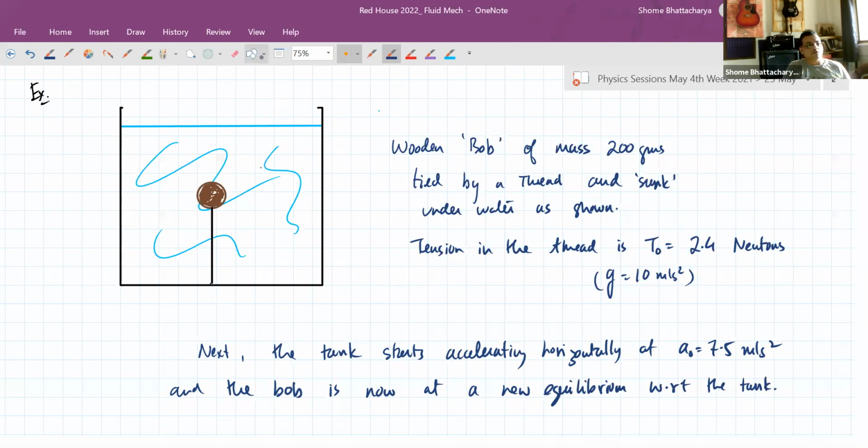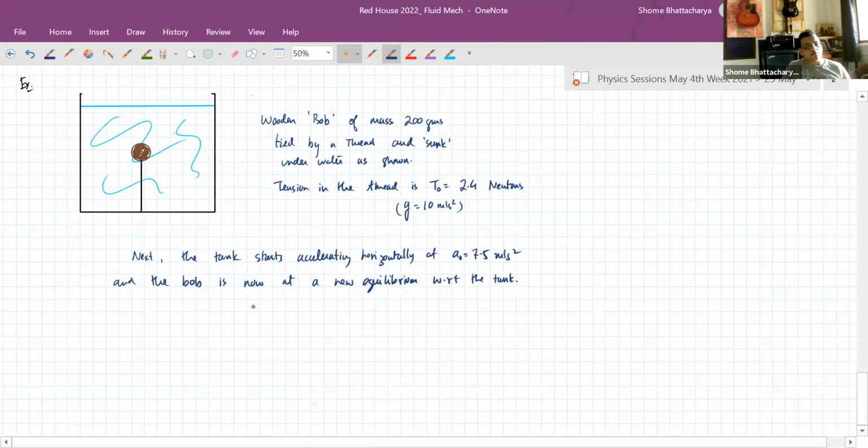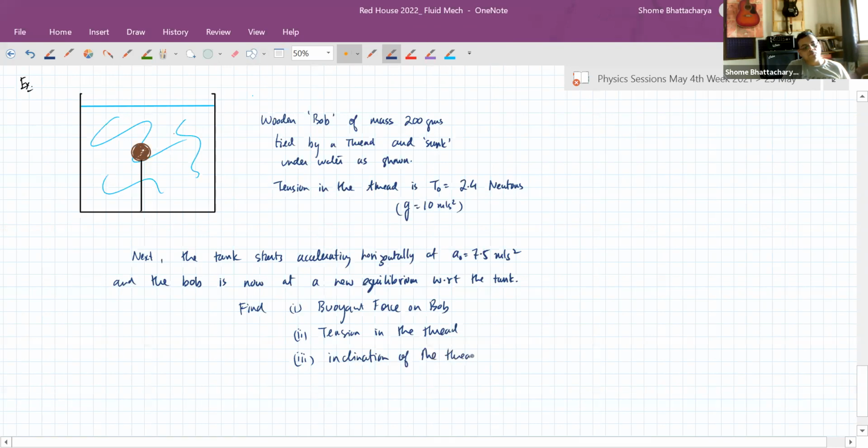Okay. So find the buoyant force on the bob, the tension in the thread, okay, and the inclination of the thread with respect to the vertical, in the accelerated situation.